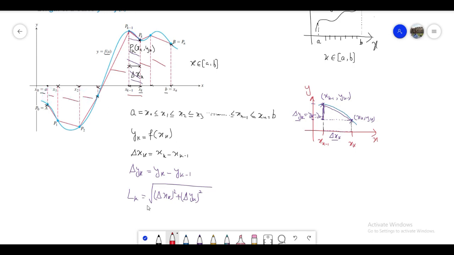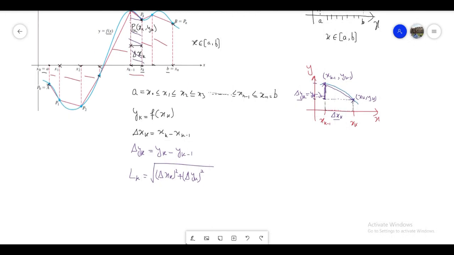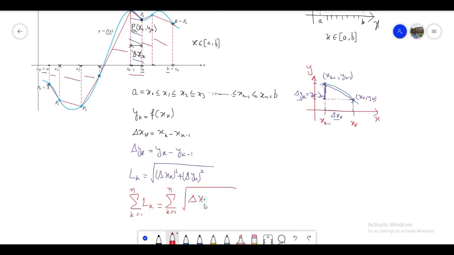So for this, I will sum up. Let's say the sum for k starting from 1 to n of lk, and this is equivalent to the sum for k from 1 to n of the square root of delta xk squared plus delta yk squared.